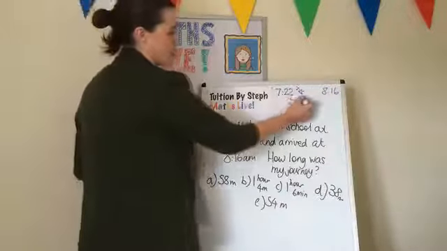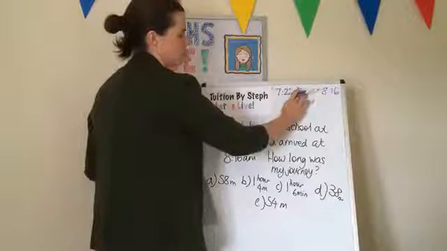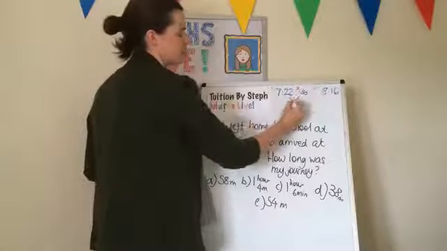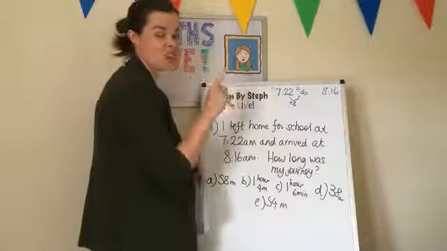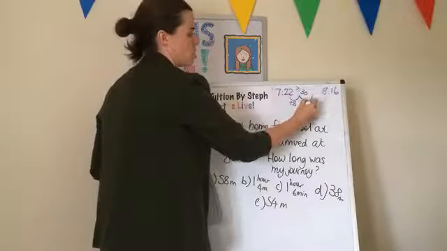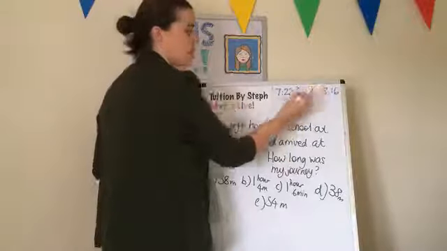I found a different way actually. This is an easier way. If I add on 8 minutes, that takes me to 7:30. And then what I can do is add on 30 minutes, which takes me to 8 o'clock.